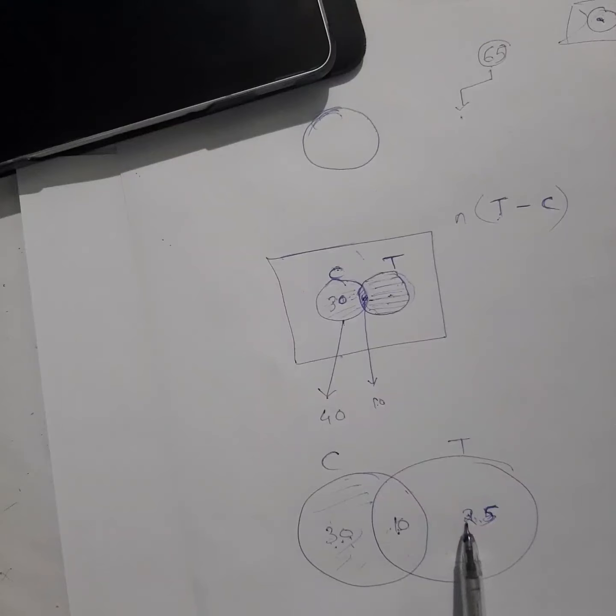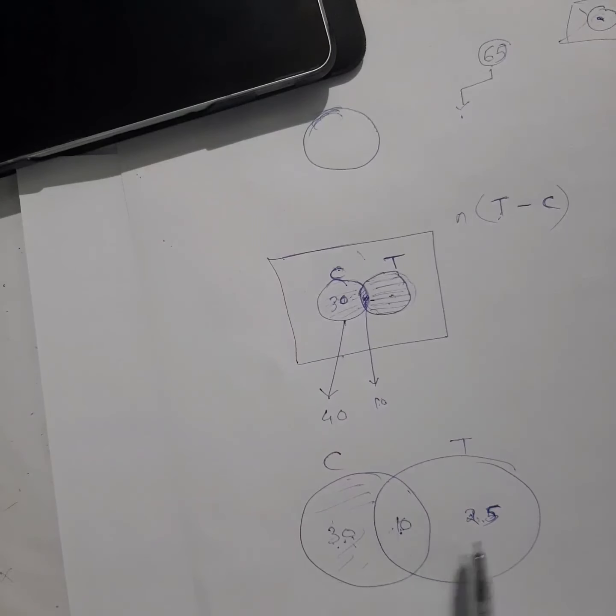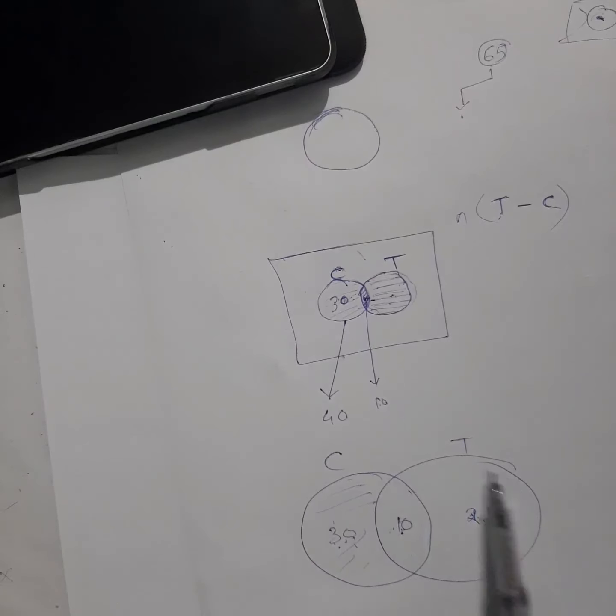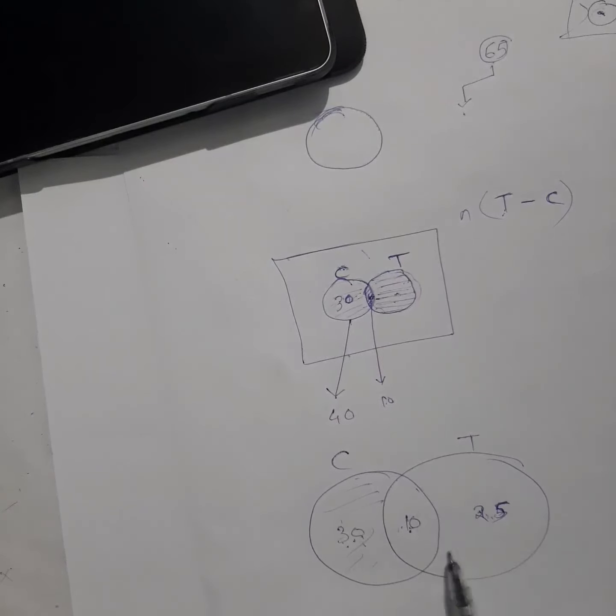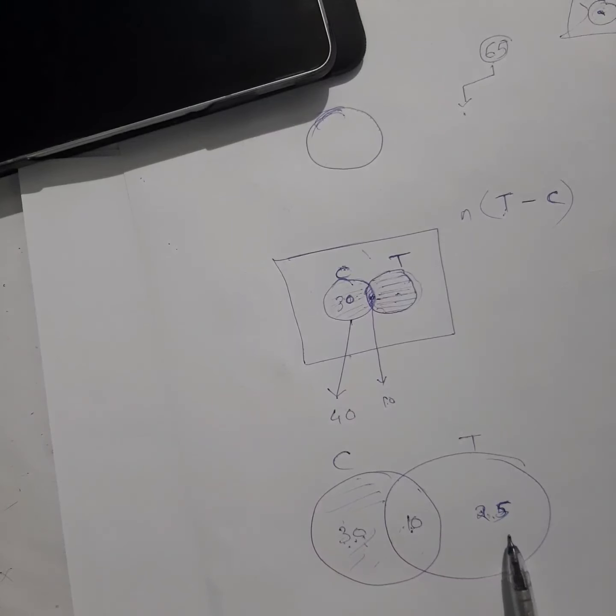Only tennis, it will be 25. 25 plus 10, it will be 35 people who like tennis. Not only tennis, tennis I will say. Means these 10 people are also included in the group of people who like tennis, right? Now if they say only tennis, then this portion will be the region which will give you the people who like only tennis.